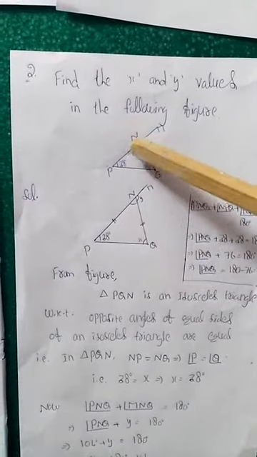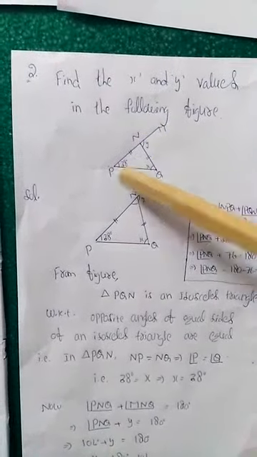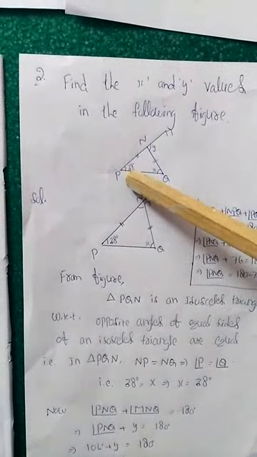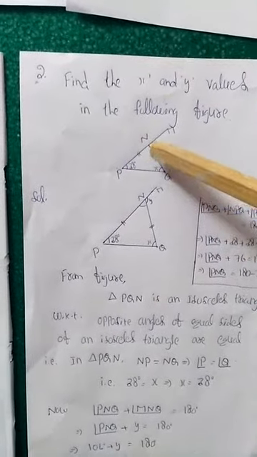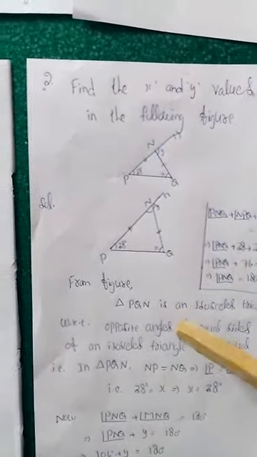That means PN and QN are equal sides. One angle in the triangle is given as 38, one angle is given as x, another angle is not given, asking us to find x, y values.